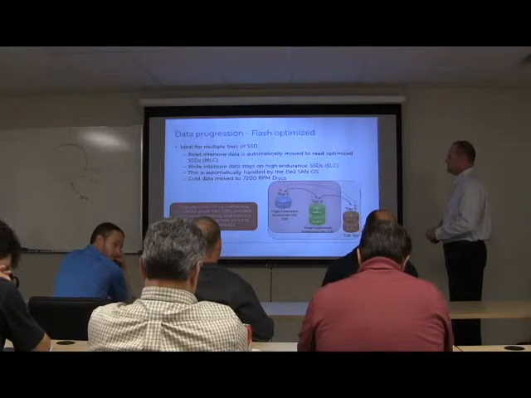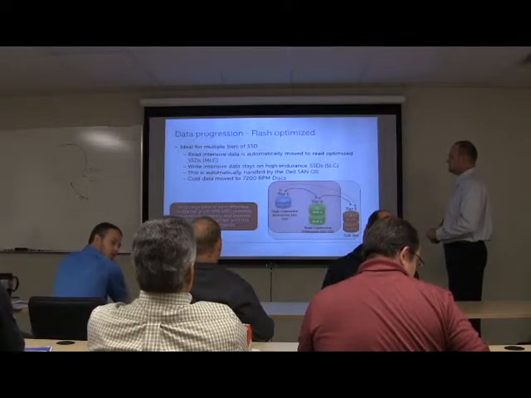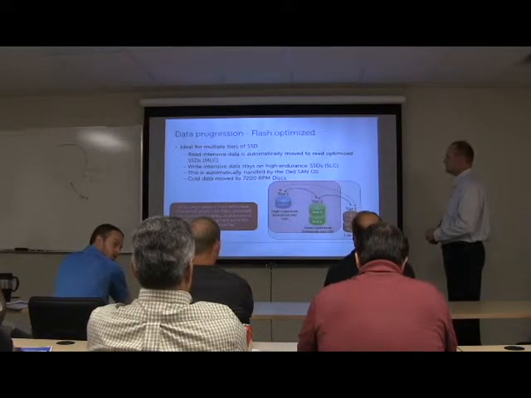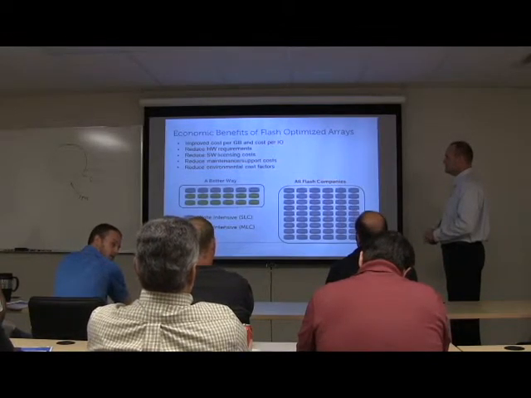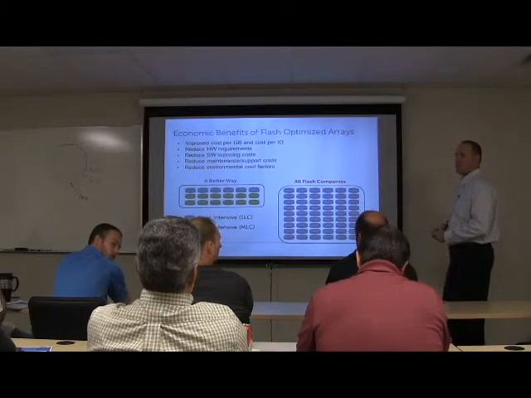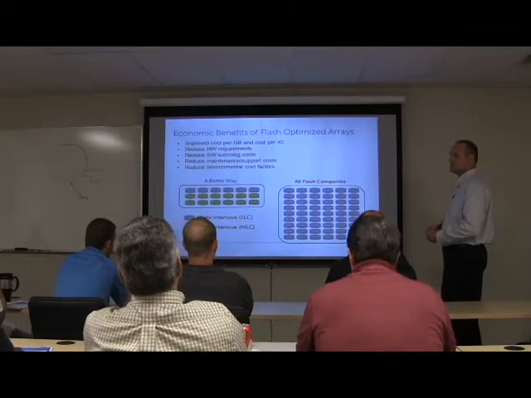So I can still have very fast reads in solid state drives, but I can do it at a cheaper cost and higher capacity drives. Before, to be able to do that, I had to buy a freaking tray of SLCs, which were $4,000 a pop. That was a lot of money, right? Just for the drives. So this is going to take some of that cost and that pain away.